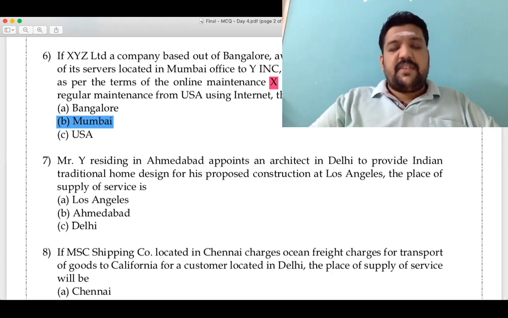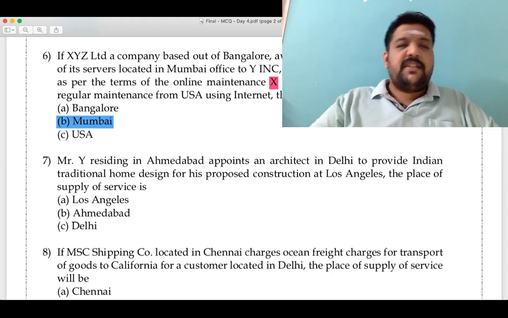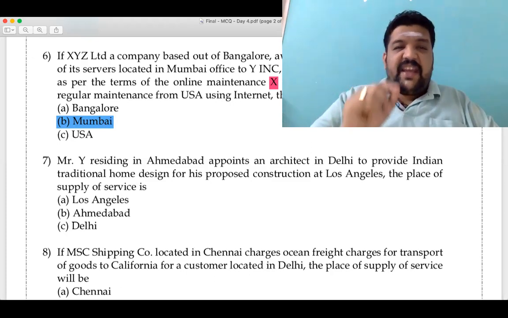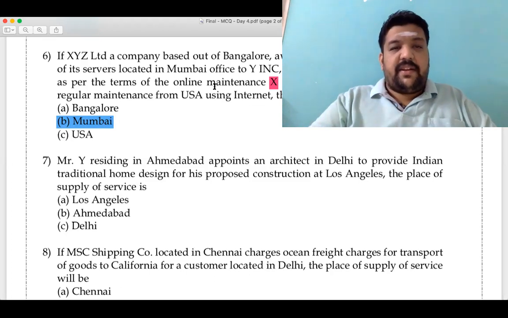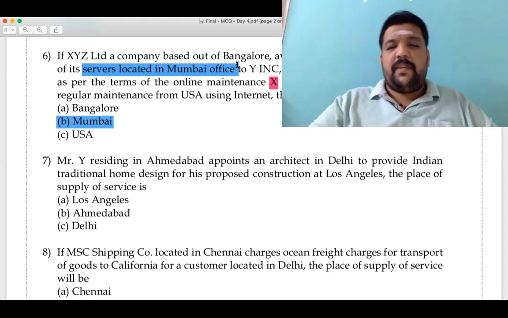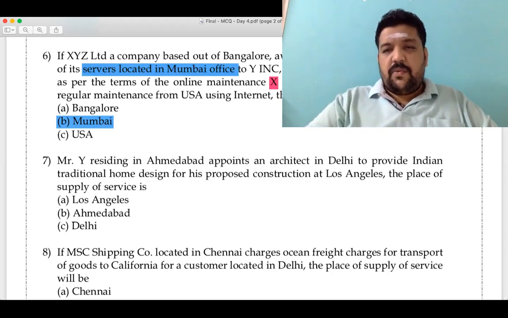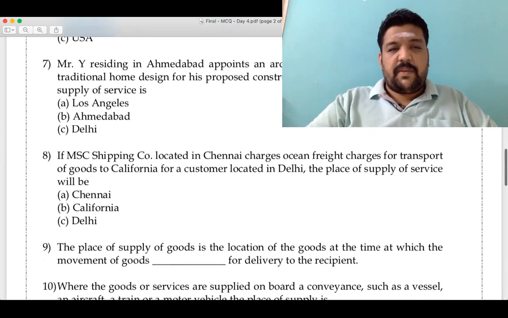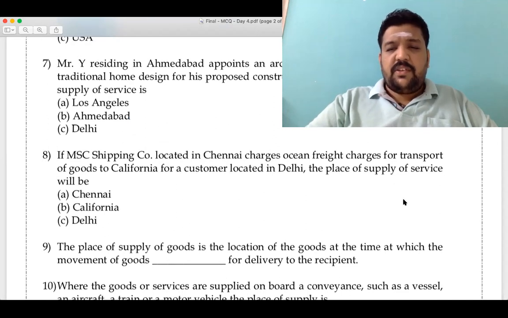In case of any services provided through online or electronic means, the place where the asset is located would become the place of supply. So in our discussion, the place where the asset is located is Bombay office. Bombay office will become the place of supply. That is your reasoning.